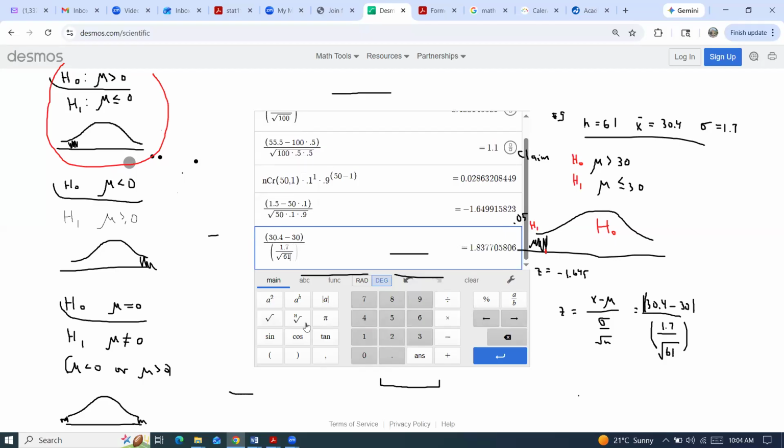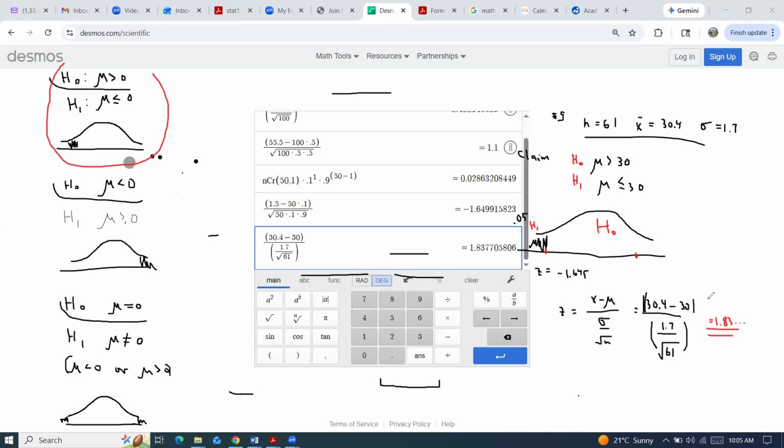Okay, so I got the value for my particular calculation. It is 1.83. That's the result. So 1.83 is someplace here, right?